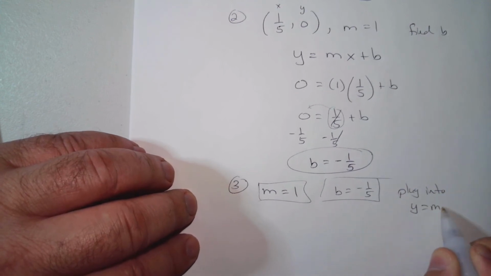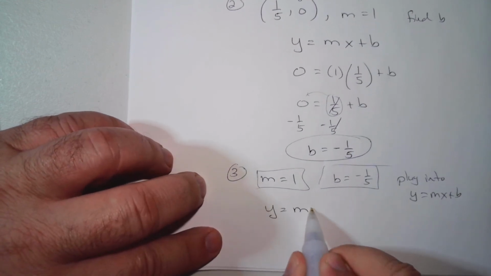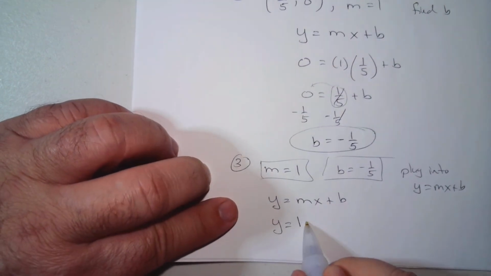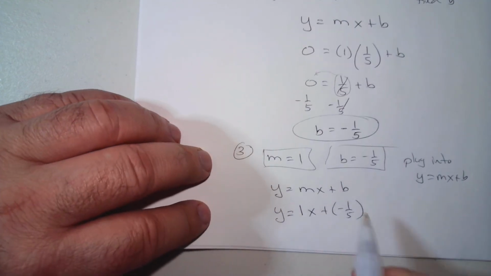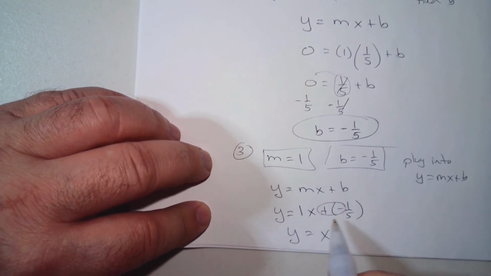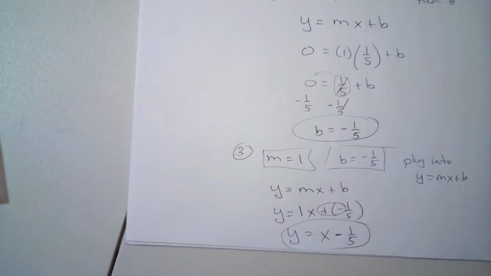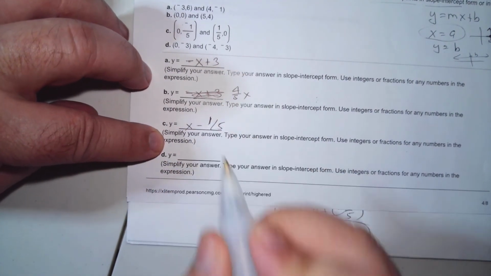Plug into y equals mx plus b. Your slope is 1, and your b is -1/5. 1 times x is x. Positive times negative is negative. And there's your answer: y equals x minus 1/5.